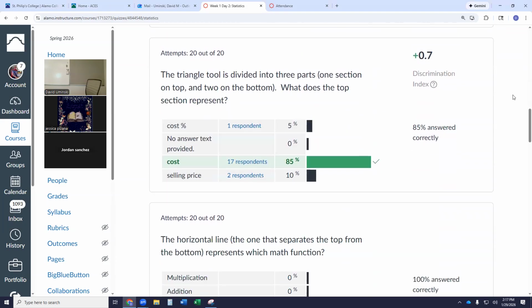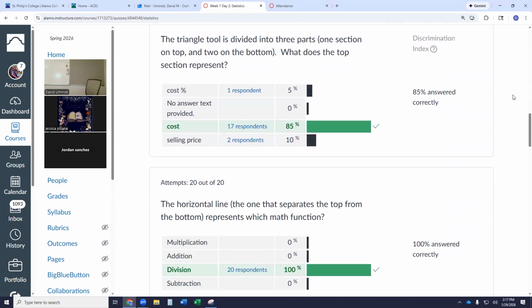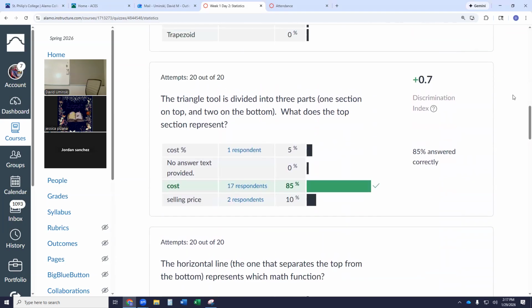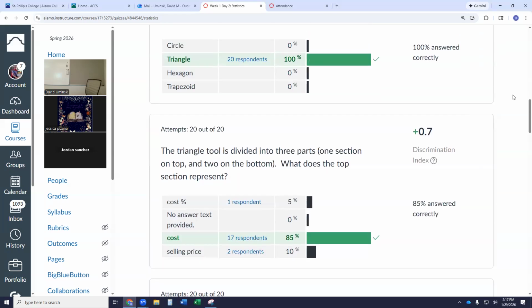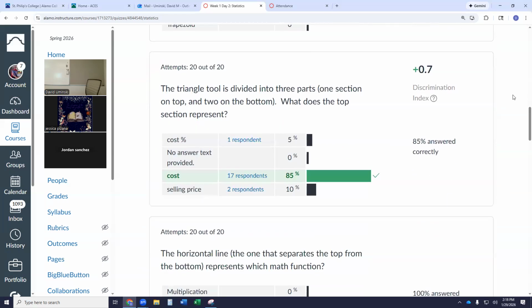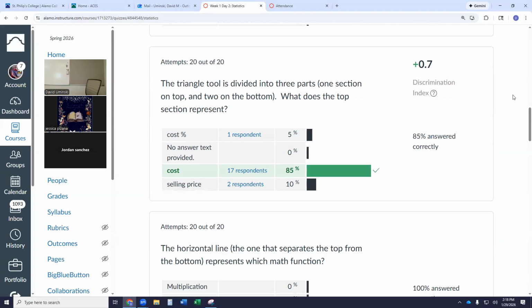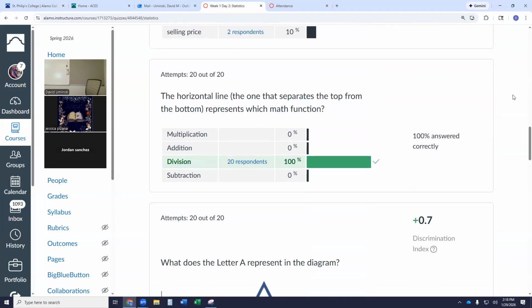Let's see. The triangle tool, excellent. Okay. On the triangle tool, we got that right the first question. On the triangle tool, it's divided into sections. The top portion is the cost. Okay. That horizontal line.